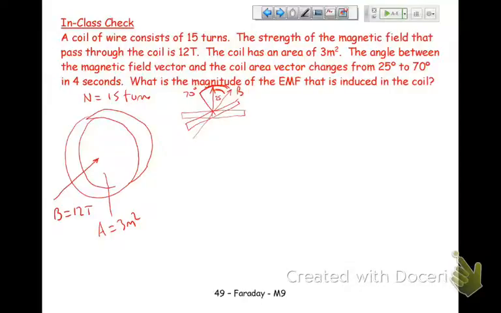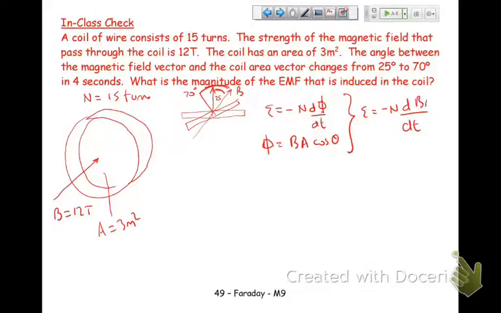So then we say, well, Faraday's law, E is equal to minus N d phi by dt. And I say phi is equal to BA cosine theta. I'm going to rush this a little bit. So E is equal to minus N d by dt of BA cosine theta.